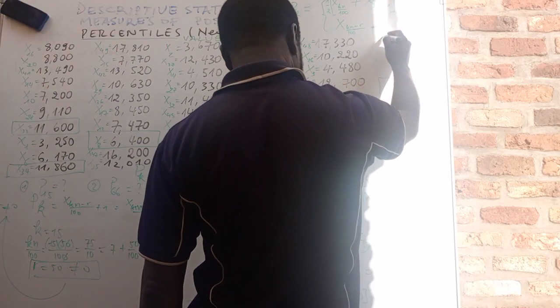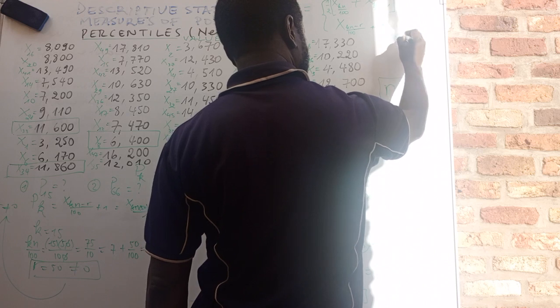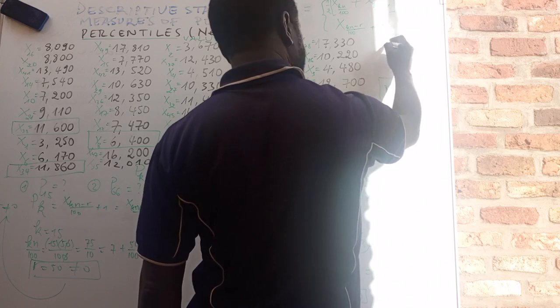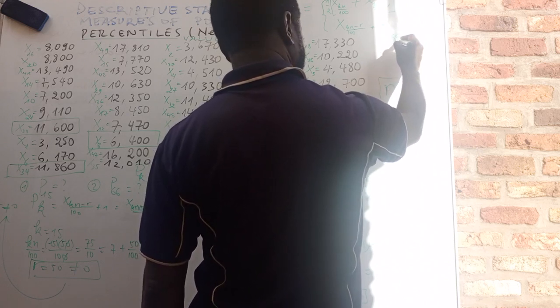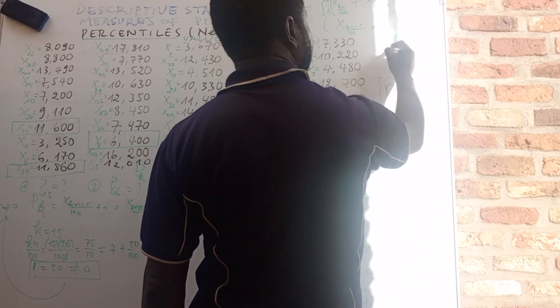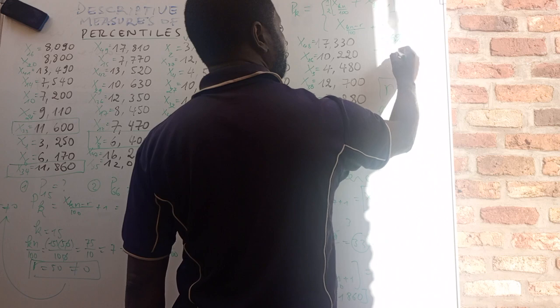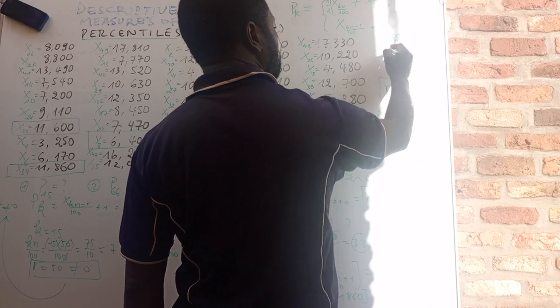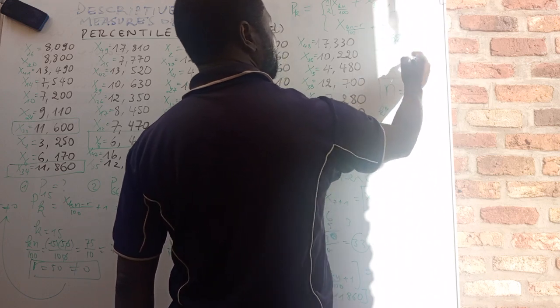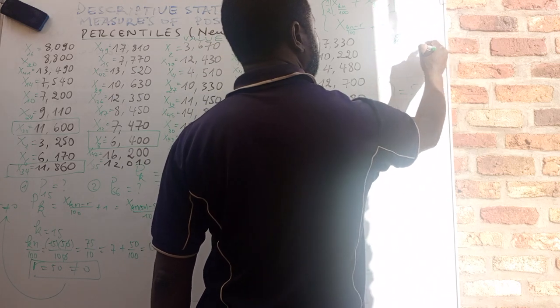Let me add here: 11600 plus 11860 gives 23460. Then I have to divide by 2.